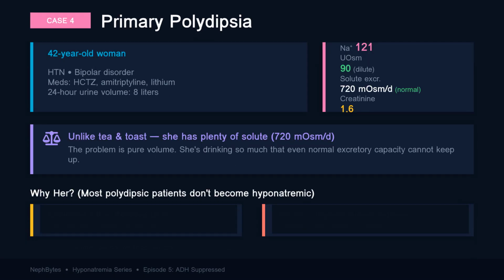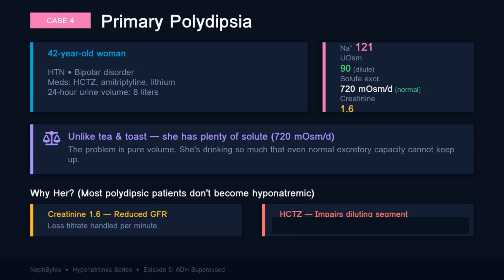So why does she have hyponatremia when most compulsive water drinkers maintain a normal sodium? Because 2 things have compromised her excretory capacity. Her creatinine is 1.6. Reduced GFR means the kidney handles less filtrate per minute. And she is on hydrochlorothiazide, which directly impairs the diluting segment of the nephron.